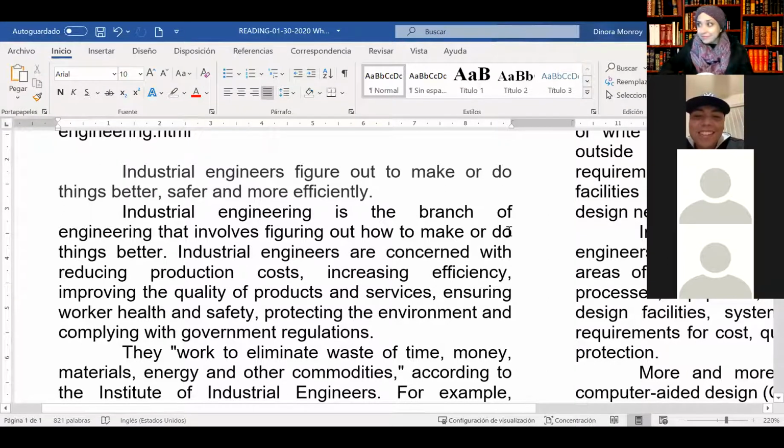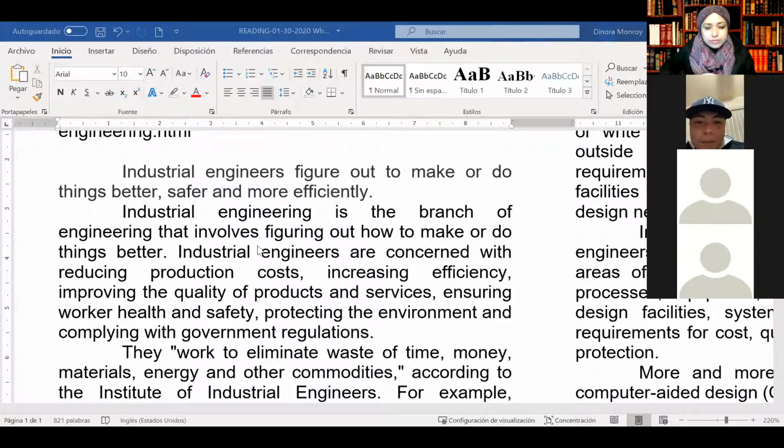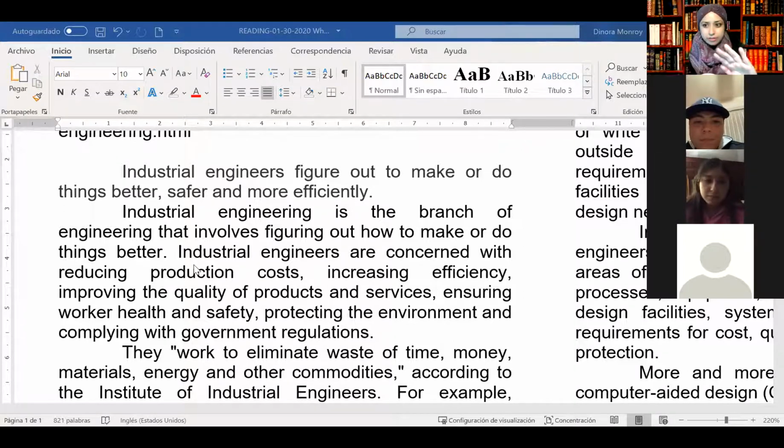Industrial engineering is a branch of engineering that involves figuring out how to make or do things better. Good. We'll wait for the next one. Thank you. Very good.